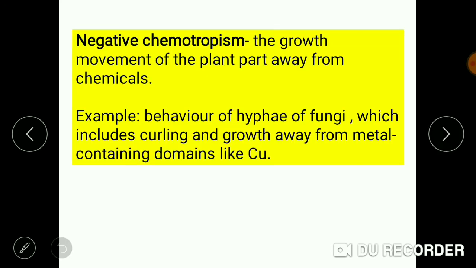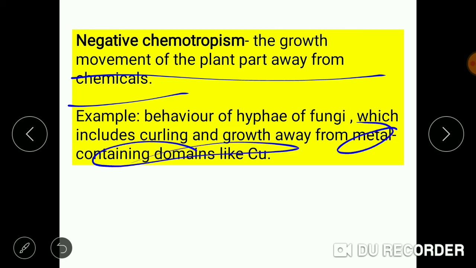Next is negative chemotropism. The growth movement of plant parts away from a chemical is known as negative chemotropism. We see the hyphae of certain fungi start showing curling or growth away from the metal-containing substances present in the soil, like copper and cadmium.